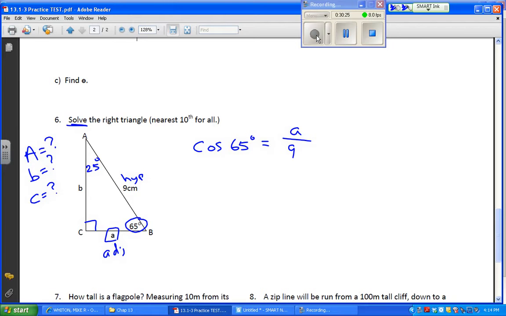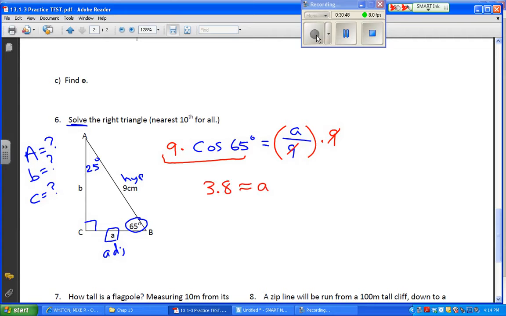So cosine 65 equals this unknown A over 9. We're trying to solve for A, so there's a 9 in the denominator. If we multiply both sides by 9, we get 9 times the cosine of 65. Again, just a calculator problem. Make sure we're in degree mode. This on my calculator is 3.8.